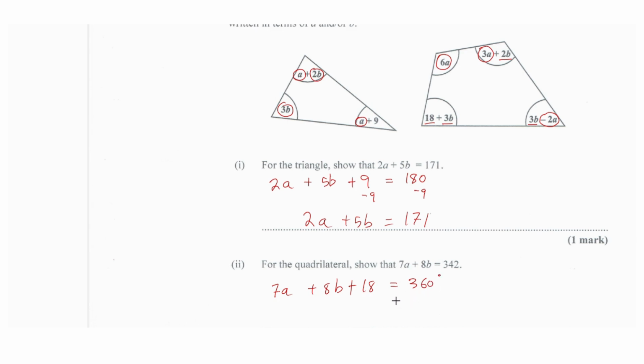So what we need to do then is to subtract 18 both sides. And we get 7A plus 8B equals 342 as required.